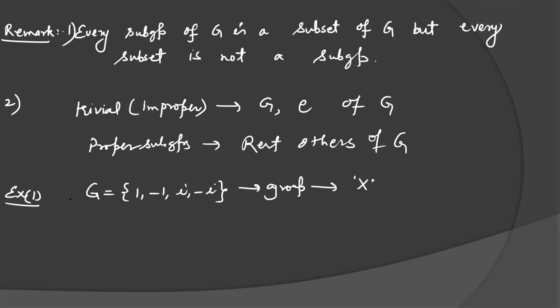Now if we take a subset H, that is 1, minus 1, I am claiming that it is a subgroup of G under the multiplication composition, only the multiplication composition. How?